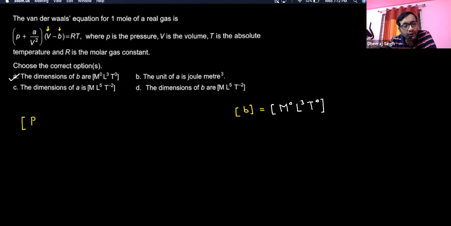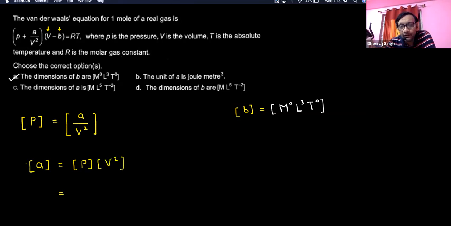Dimension of pressure, can I say it is dimension of A by V square? So dimension of A will be equal to dimension of pressure into dimension of V square. Dimension of pressure is dimension of force divided by dimension of area, into dimension of V square.